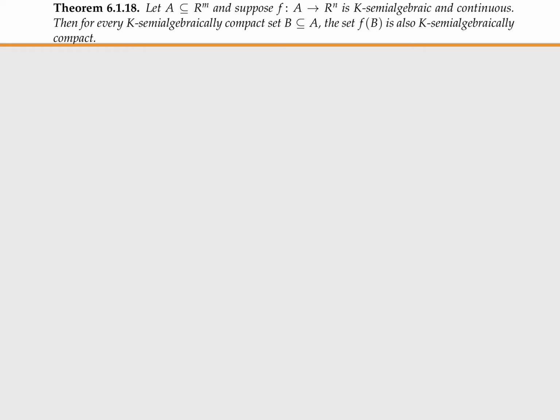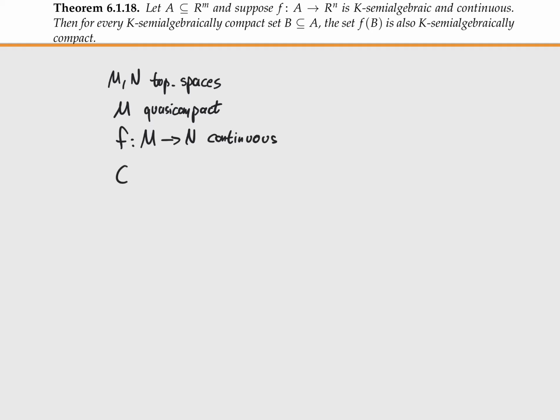Okay, so if M and N are topological spaces, and if M is, let's say, quasi-compact, and if F from M to N is continuous, then the claim is that F(M), the image of F, is also quasi-compact.